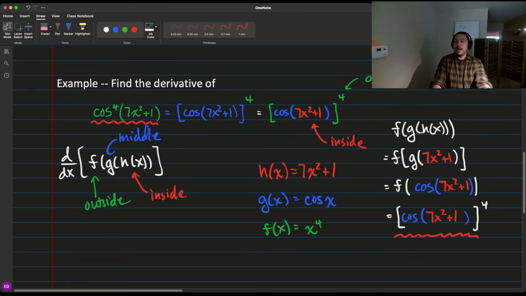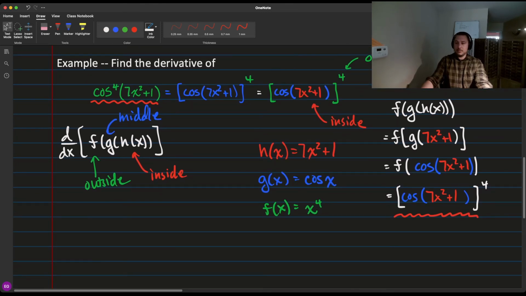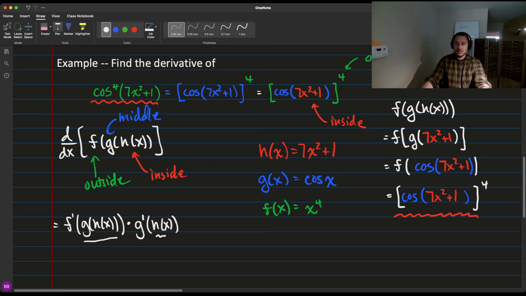So now we can take the derivative. Remember, the chain rule says if you want to take the derivative of f of g of h, you first take the derivative of f and you leave g and h by themselves. Then you work on the inside of that. You take the derivative of g, you leave h, until you get to the last thing here, to multiply by the derivative of h.